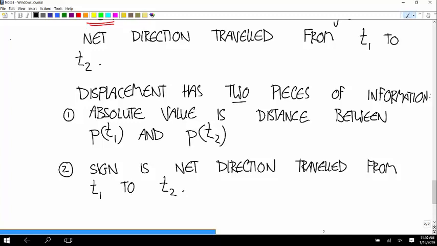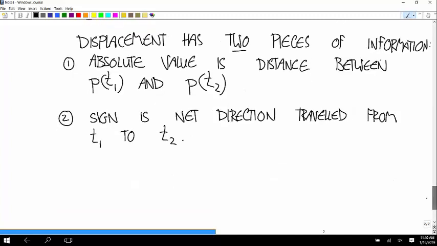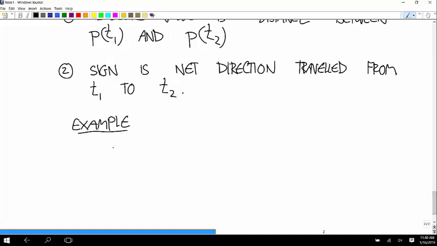Okay, so let me use the function example that I used a minute ago. So let's say that we know that position as a function of time is equal to 2t cubed minus 20.